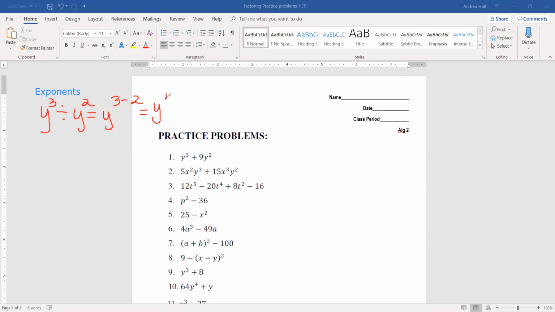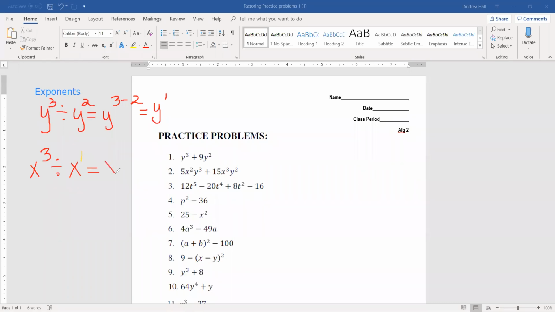Now why am I talking about dividing exponents? When we divide exponents, we're actually subtracting. So for example, let's do another one. If I have x to the third power and I divide it by x, well, there's no exponent on the x, but there's an invisible number 1. Whenever you see a variable with no number there, there is an exponent of 1.